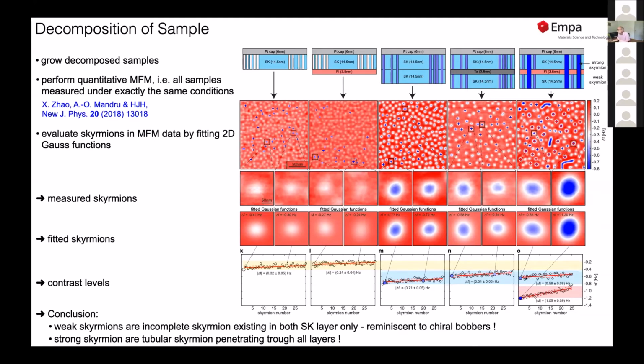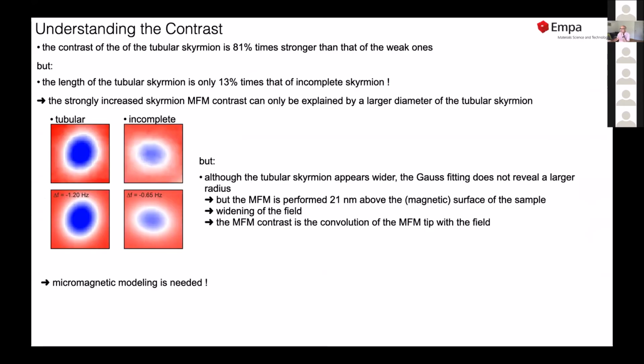So you see, these are the weak ones, which correspond very well to these, and the strong ones are considerably stronger. So our conclusion from this experiment was that the weak skyrmions are actually incomplete skyrmions existing only in the top and bottom layer. So very reminiscent of the chiral bobbers found in 2018 in iron germanium at low temperatures. This is at room temperature. The strong skyrmions are actually the tubular ones penetrating through all layers.